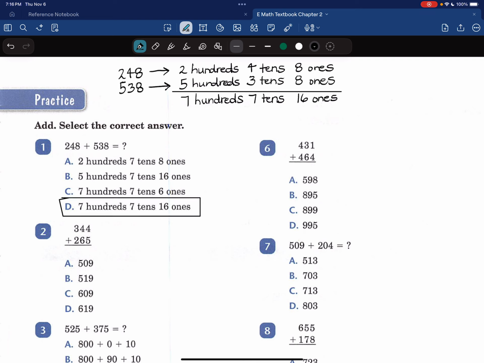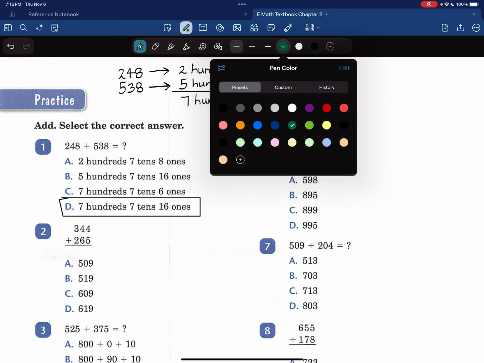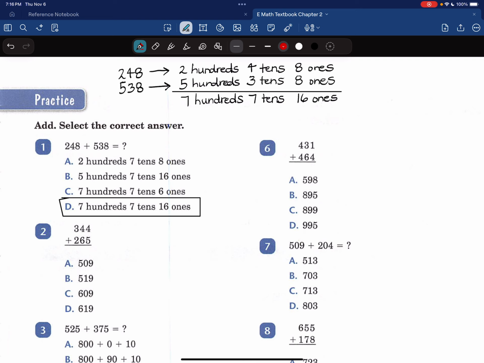Now, we can take it a step further. They did not, but let me go ahead just so you know that we can. Because this 16, we could say that that would be 10 ones plus 6 ones. That's 16.